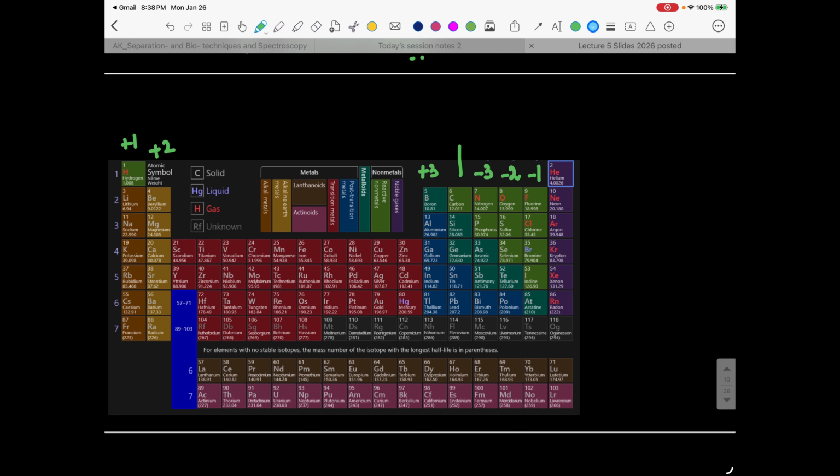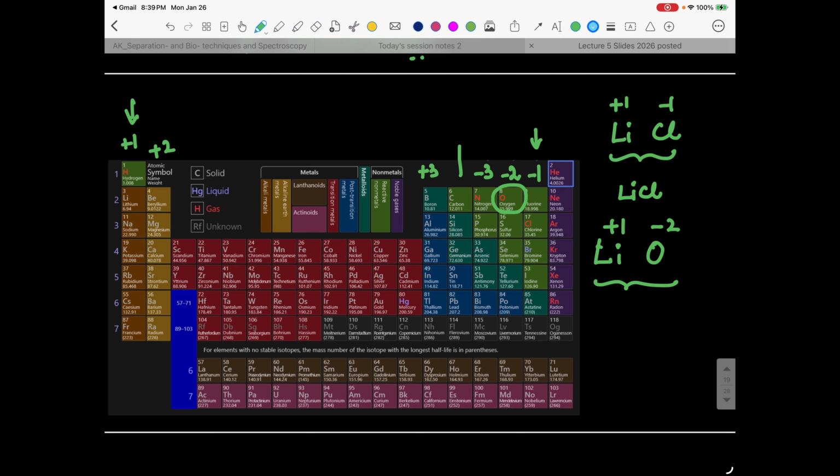So if I were to have lithium with chlorine, lithium has a +1 charge because it's in group 1. Chlorine has -1 charge, so together we can make lithium chloride. Now if I were to have lithium interact with oxygen, oxygen is right here, lithium is +1, oxygen is -2.